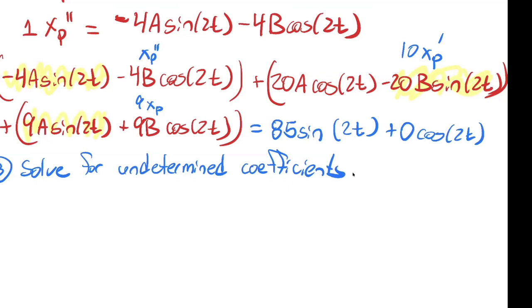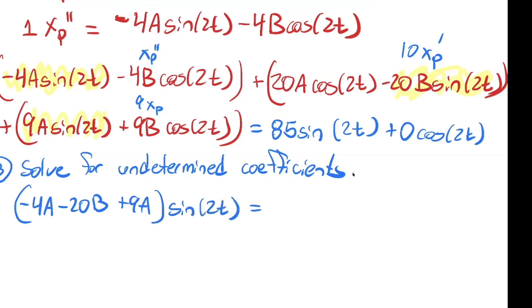So let's group them together. For the sines, we have minus 4a, we have a minus 20b, we have a plus 9a, all of that should give me the correct sine expression from the forcing function. So that's one equation.